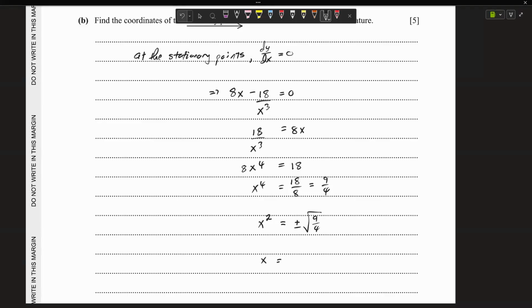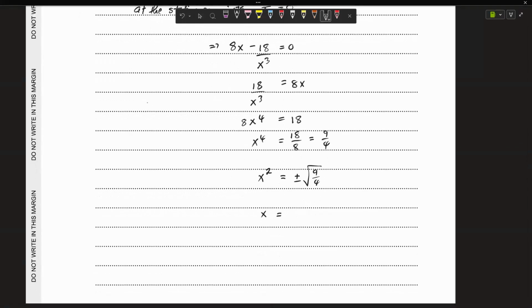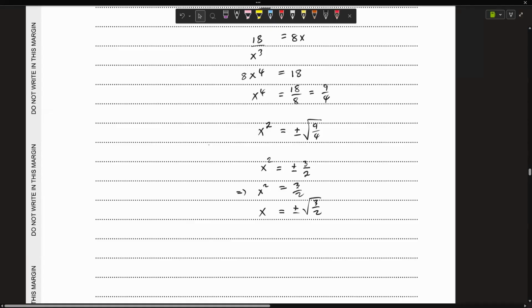Which would give us plus or minus x squared being equal to plus or minus 3 over 2, right? But we're going to take the real value. So basically x squared is equal to positive 3 over 2. Now to get x, it will be plus or minus the square root of 3 over 2. So we can also do it this way, which I think is fine. So we're getting plus or minus the square root of 3 over 2 as the values of x.